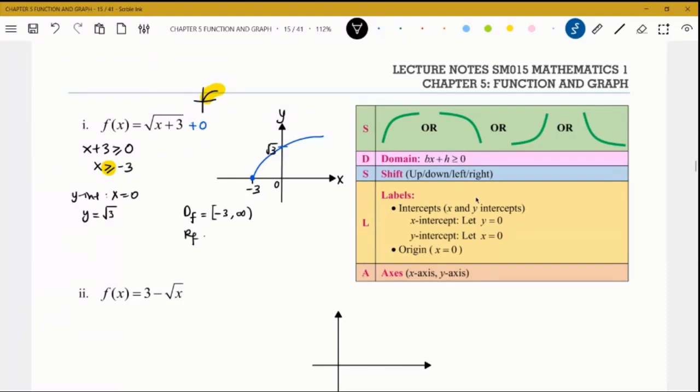Range. Range kita apa? Daripada graf ni, range kita apa? Kosong. Okay. 0 to positive infinity. Sebab di sini adalah y equal to 0. So it's going to be 0 towards positive infinity, but then here will be square bracket, open bracket.